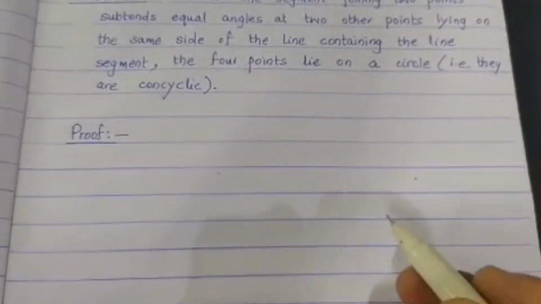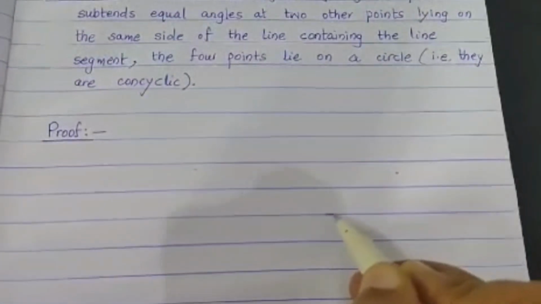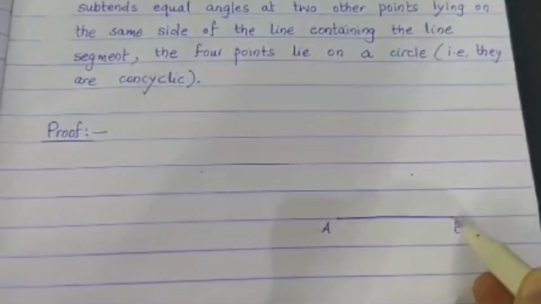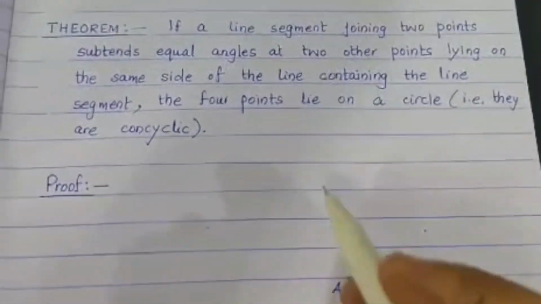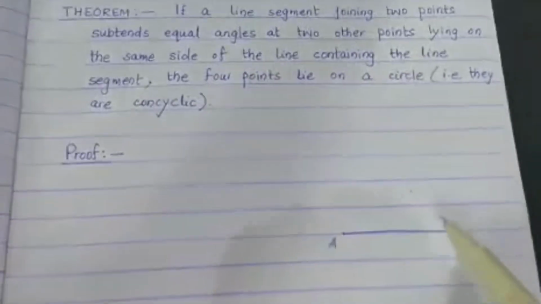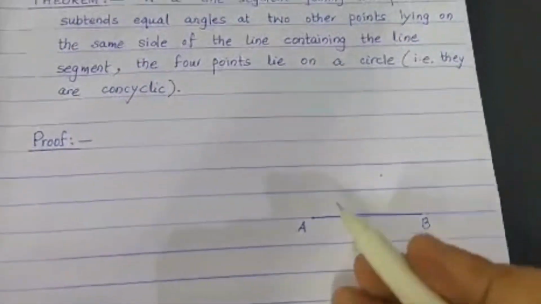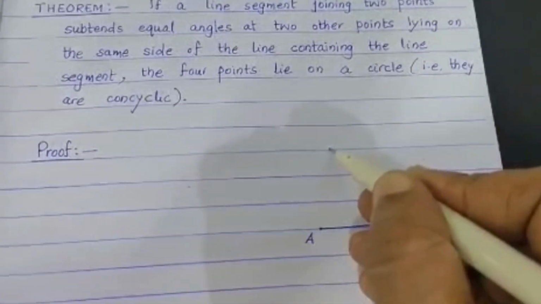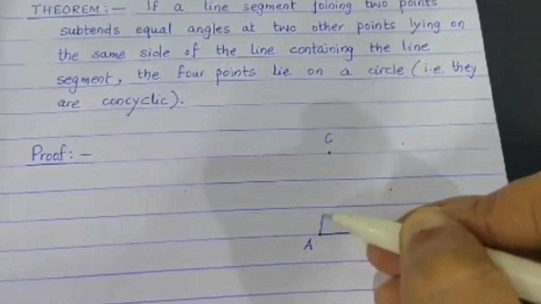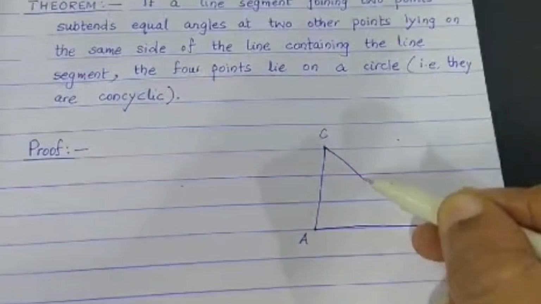Okay, now let us first of all draw the figure. This is the line segment. Let us suppose AB. As per the theorem, it is given that a line segment joining 2 points subtends equal angles at 2 other points. Okay, this is the line segment AB, and let us suppose this is point C, this is point D. So it subtends equal angles like this.